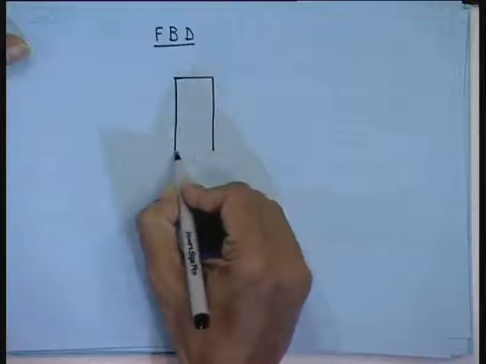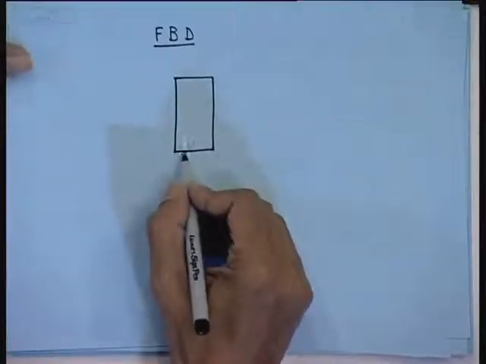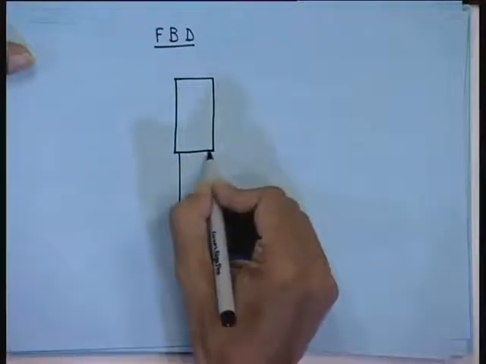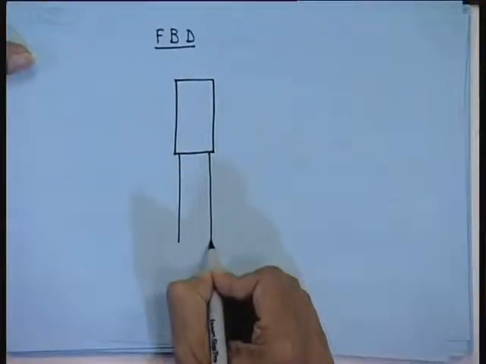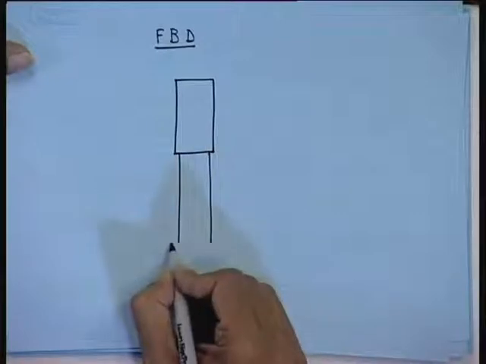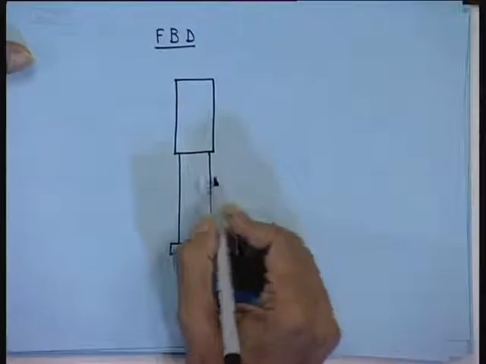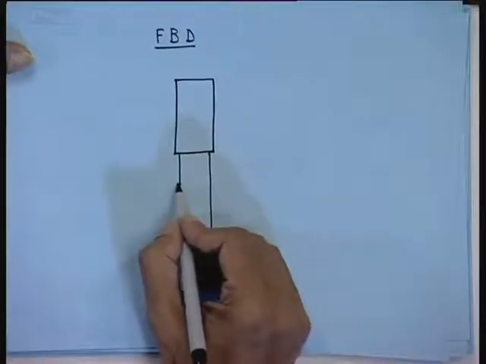So, spar is nothing but another type of buoy. So, this is a truss spar. I am drawing the free body diagram, so the other layout will be somewhat different.